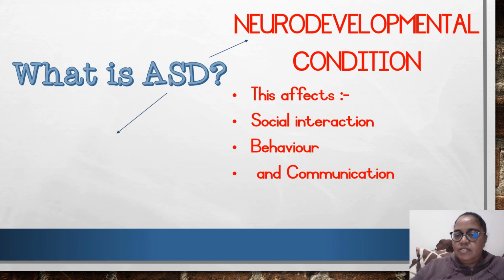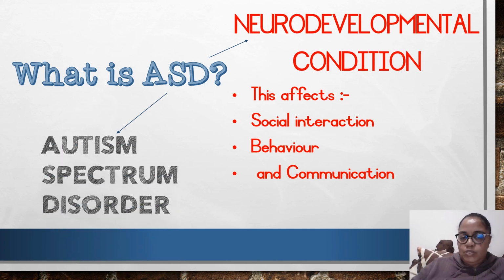ASD is a neurodevelopmental condition that affects people with autism or on the spectrum. It affects their social behavior as well as their communication, and that is what autism spectrum disorder is.